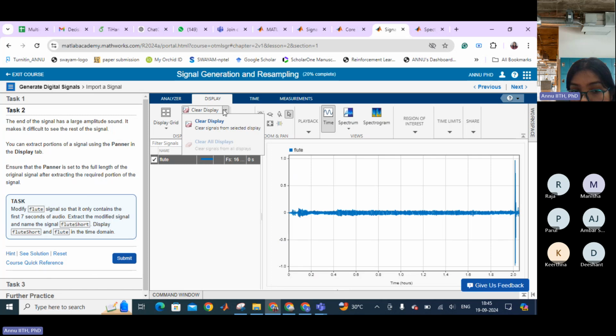So basically, this is all about this display function. You will have this time spectrum, spectrogram.